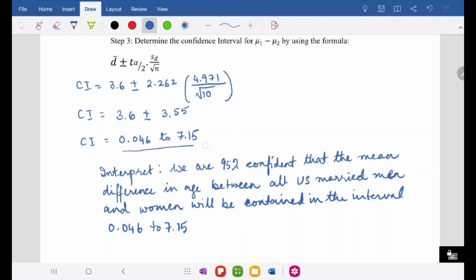So that means that, again, we are talking about difference here. That means the difference in age between the husband and wife, the mean difference in age, will be anywhere between 0.046, which is a few months, to approximately 7.15 years. All right. So that's how you will be working out the confidence interval and finally interpreting it.